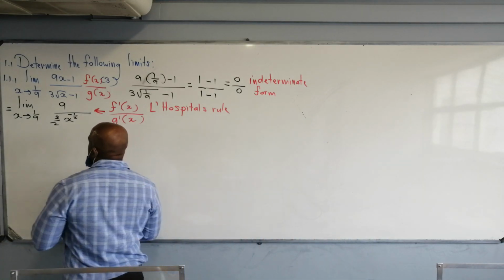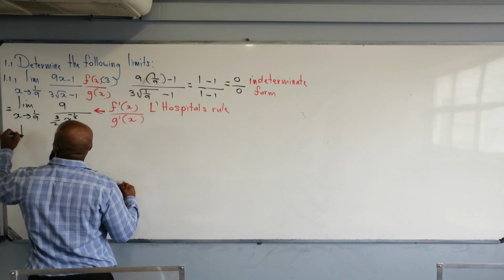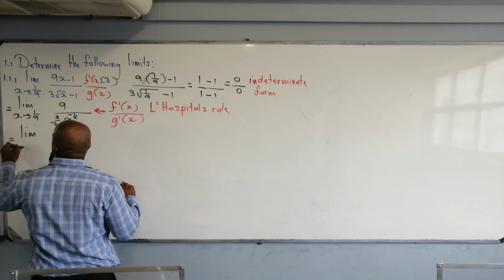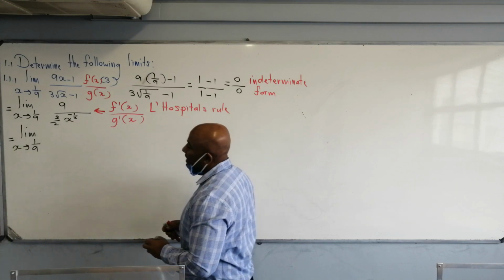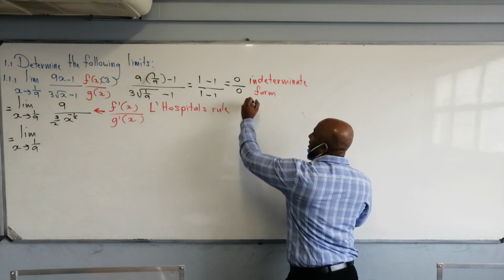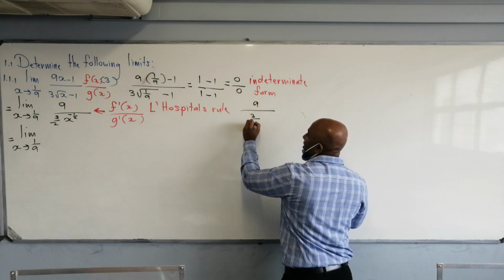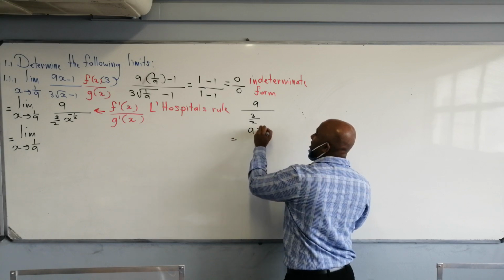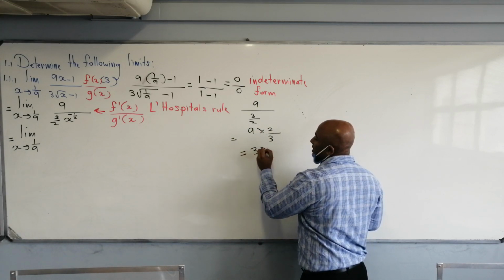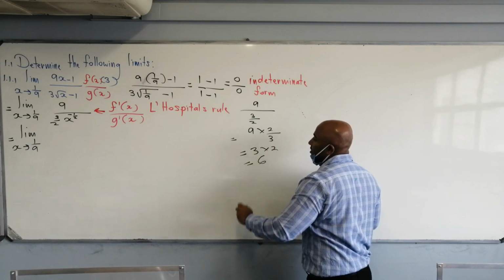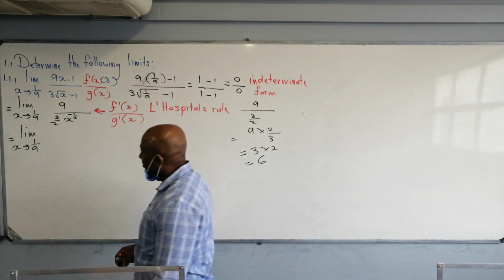So let's simplify it first. So this is going to equal the limit as x approaches 1 over 9. So I have 9 divided by 3 over 2 there, which is the same as 9 times 2 over 3. So 9 divided by 3 is 3 times 2, which will be 6.